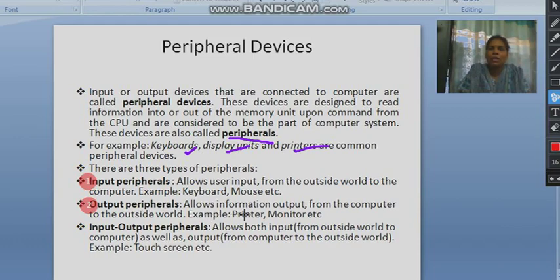Output peripherals are for giving out the processed data to the external world, and majorly printers and monitors are the examples. And thirdly, input output peripherals. These can be used for both taking input and output. So these are the peripheral devices.